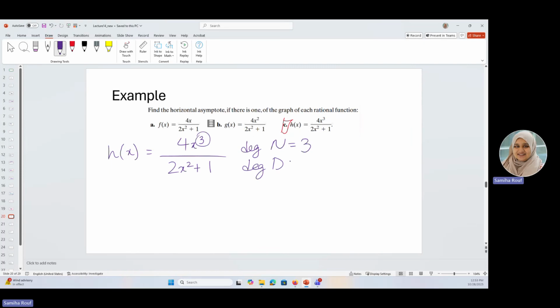Degree of denominator is 2 based on this. So numerator's degree is greater than denominator. Then that tells us that we don't have a horizontal asymptote. Now, there would be a slant asymptote, and you can determine that by doing the long division.